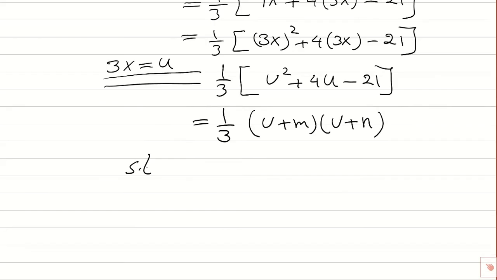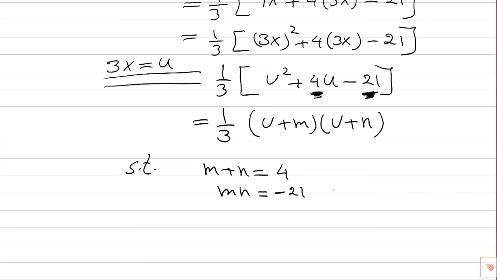such that we need m plus n to be 4 and mn to be minus 21. Okay, this minus 21 and this 4.